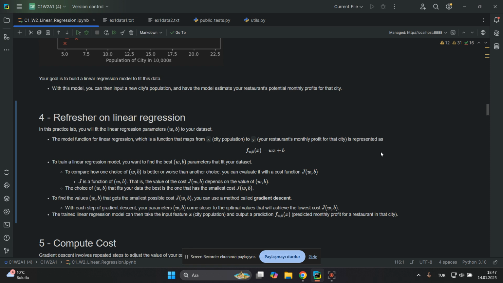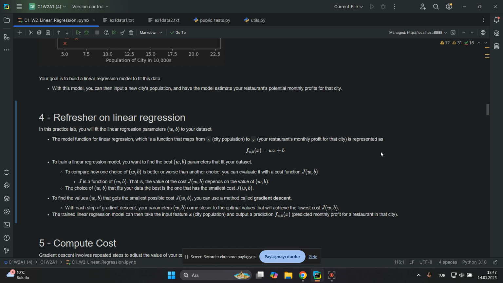The choice of w and b that fits your data set best is the one that has the smallest cost J(w,b).